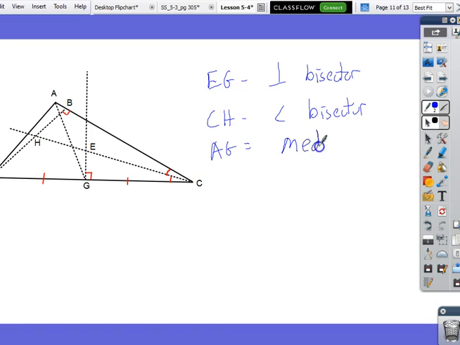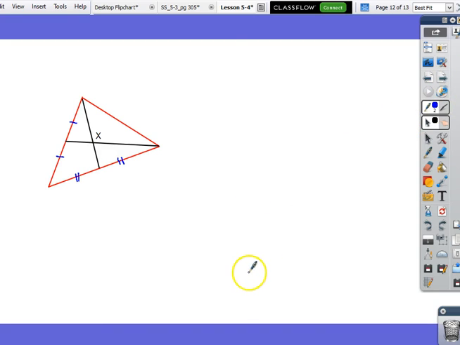Median. No perpendicular, so it's the median. What is DB? Altitude. DB is the altitude. What's X? Centroid. These are medians. The median's point of concurrency is the centroid. Hopefully you'll be better at that when you have a chance to study this stuff.